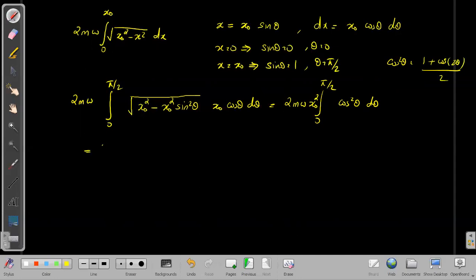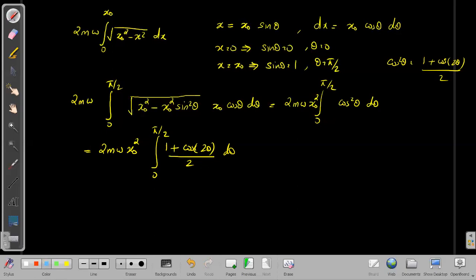So this would be equal to 2 m omega x0 square times (1 plus cos of 2 theta) by 2, integral d theta from 0 to pi by 2.